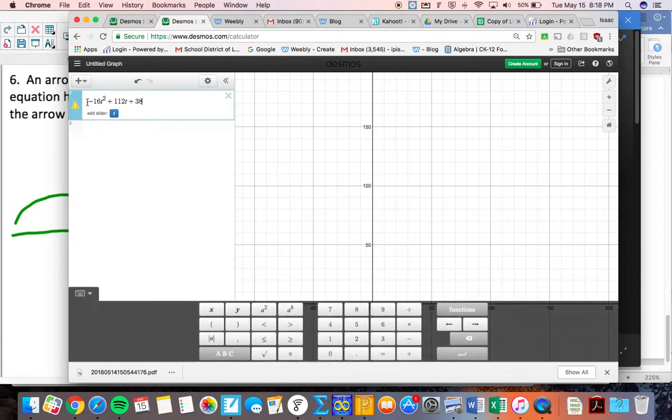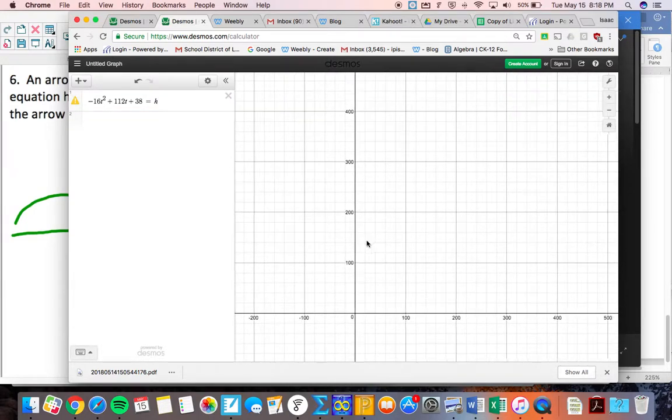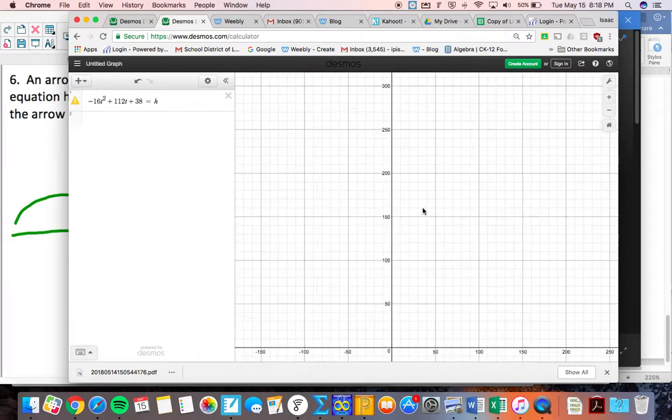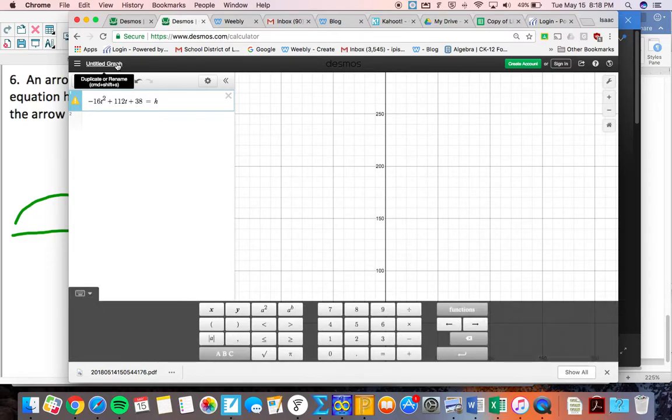I wonder if I need an h equals. Well, that's a severe disappointment, isn't it? Oh, all right, so that yellow triangle said they only like x's and y's, so I'm changing t's to x's and h to y's.